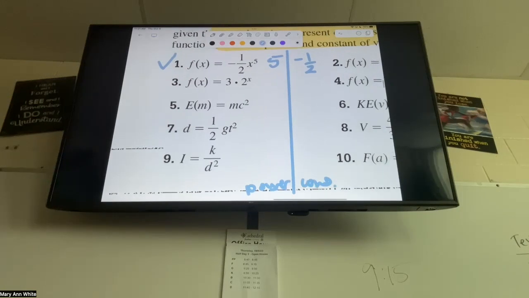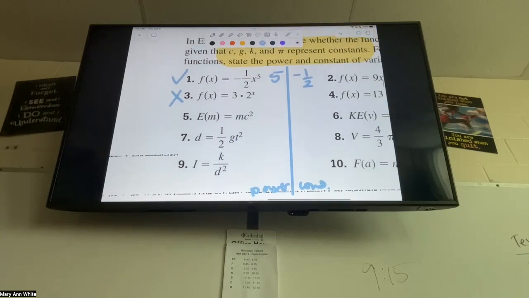All right, what about number 3? Yes or no? Is that a power function? Does it have x with an exponent? X is my exponent. That doesn't count. That's an exponential function. So we're going to move on from that. Okay, what about number 5? Is this a power function? Yes. Now I will tell you that C is my constant.